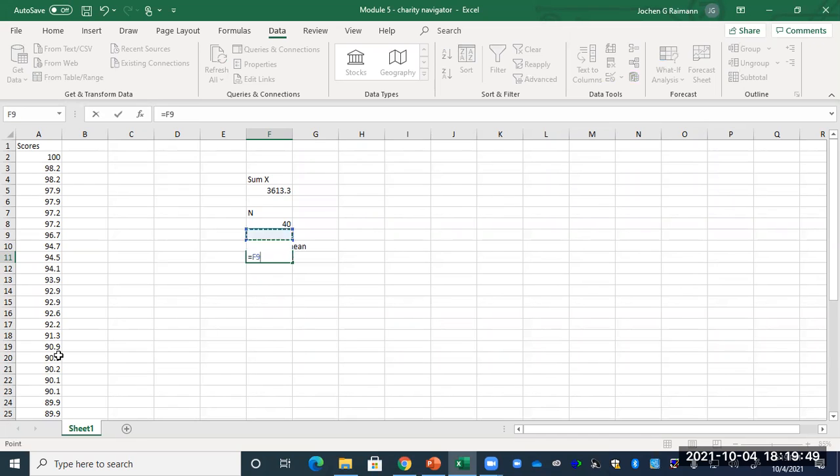Arithmetic mean is now the sum divided by the count. 90.33. I took F5, which is my sum, equal sign, F5, and the slash pointing to the right, divided by F8, which is the sample size.